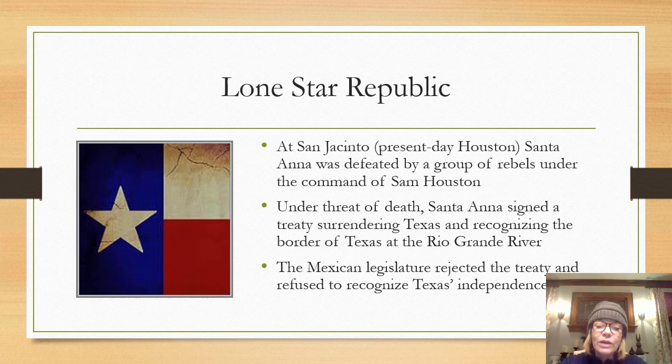And so what it says is that Texas is an independent country, and the Americans assume that it goes to the Rio Grande River, but the Mexicans under Santa Anna see that it goes to the Nueces River, right? So this treaty is drawn up, and then it's sent to the Mexican legislature, and they're like, no, we're not going to give up this territory to these people. They didn't recognize it, but the Texans did because Santa Anna signed off on it.